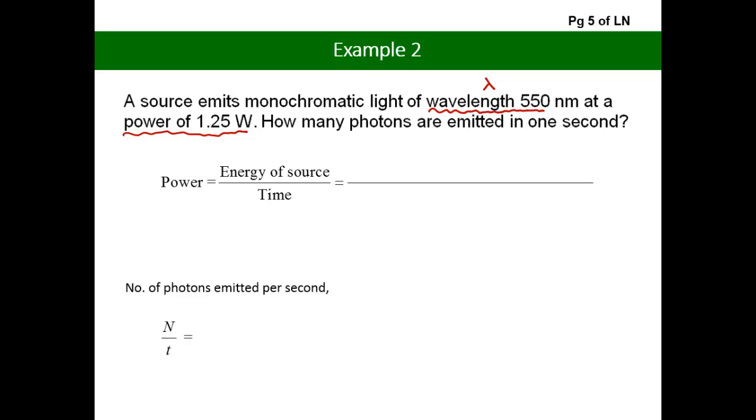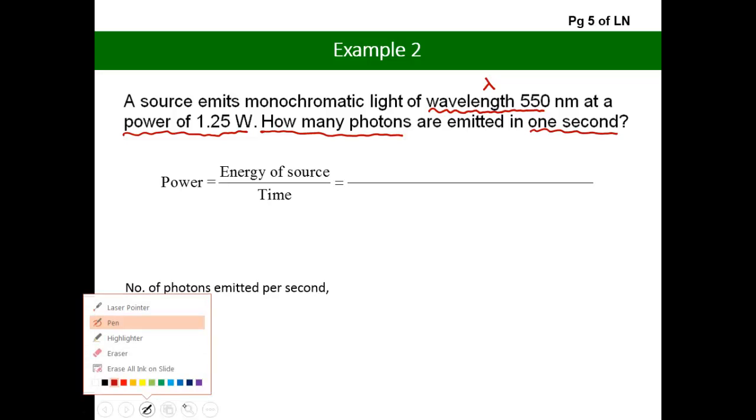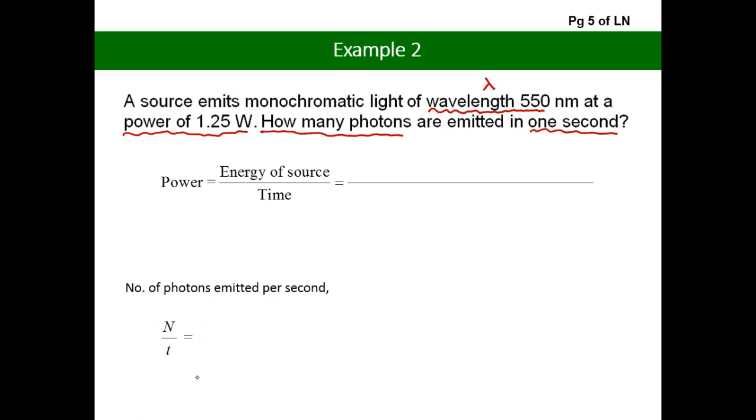We are asked to calculate how many photons are emitted in 1 second. So the first thing we have to do is try and relate the power to the number of photons. Now when a light source emits light, it is actually emitting photons, the energy packets, and each photon carries an energy of hf.